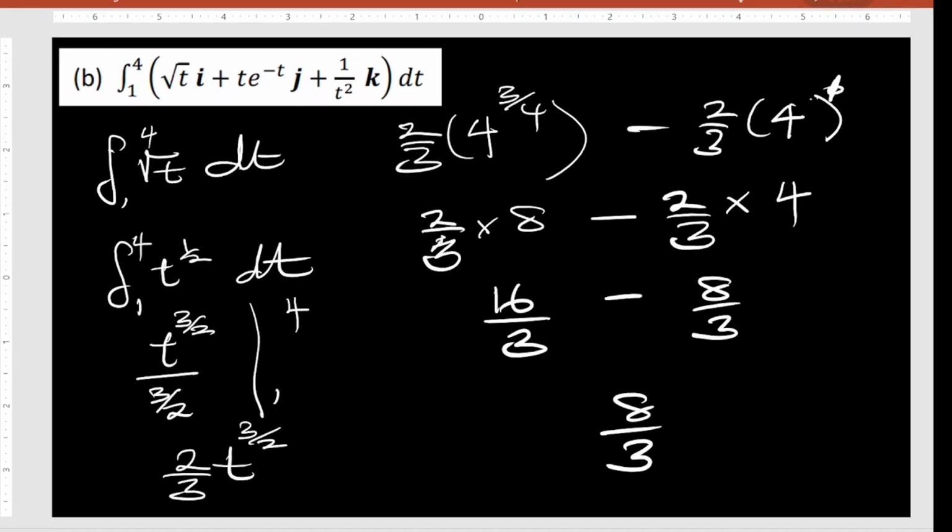So let's now bring all our results together into one vector. The first one, we had 8 over 3, so that will be 8 over 3 i.